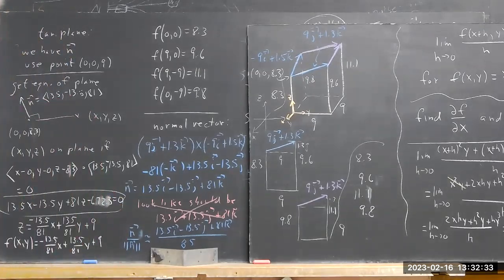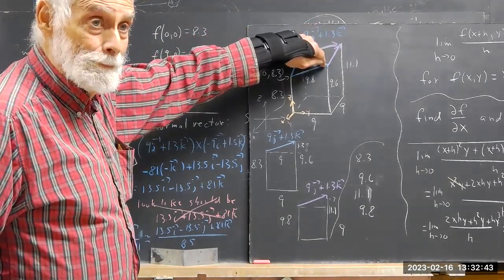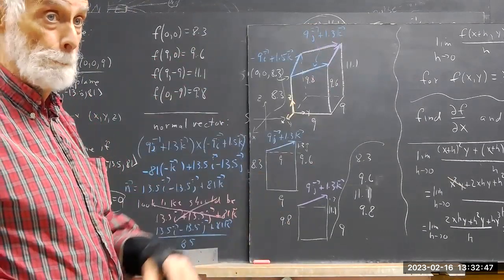I think that might come out 672.3, which is going to change some of these numbers, but it's going to give you the equation of a function that goes through all 4 of these points. And it's a linear function. It's linear in both x and y.